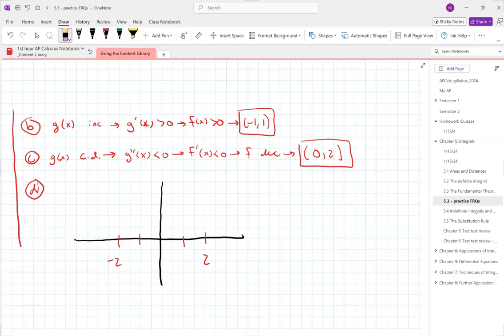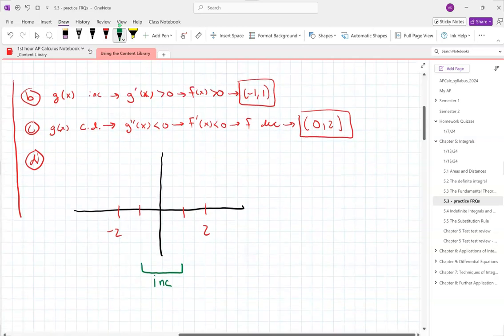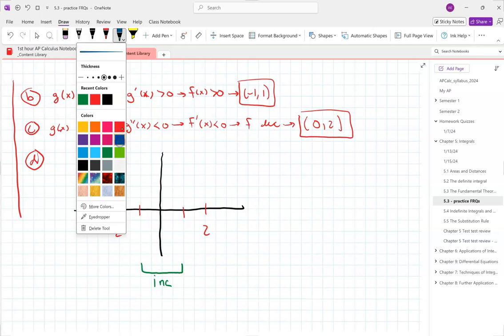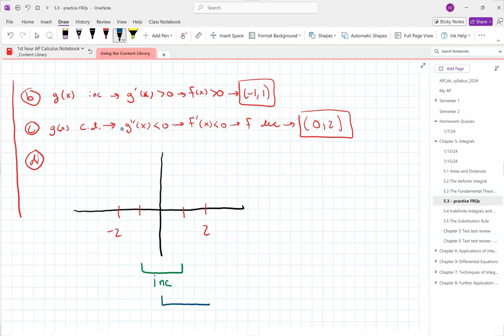So what I know from looking at this is that g is increasing here from -1 to 1, that we're concave down here, and using the same reasoning as before, if we're not increasing, then we have to be decreasing.